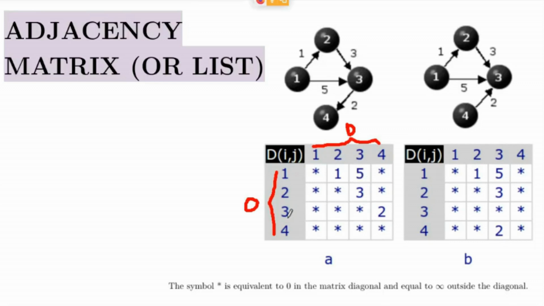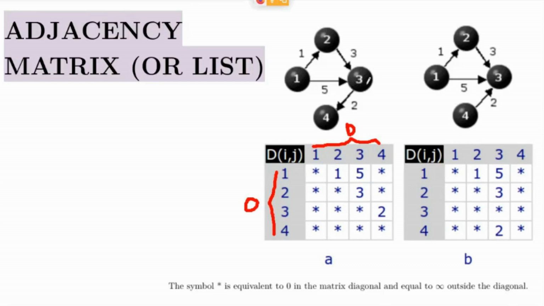And then node number 3 is connected with node number 4, as you can see here, with a total weight of 2. And node number 4 has no connection with other nodes. Despite you may think that node 4 is connected with 3, that's not true. It is 3 connected to 4, right?